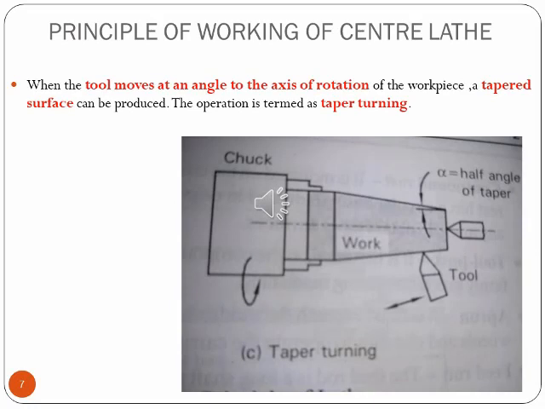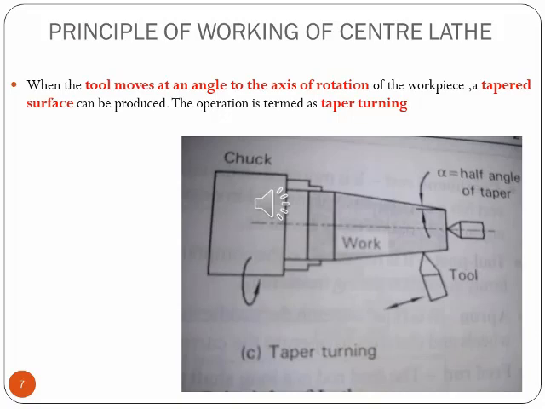Just like how in previous slides we saw tool piece moving parallel to the axis of rotation and perpendicular to the axis of rotation, we can also move the tool at an angle to the axis of rotation, and when we do that we get a tapered surface, and this tapered surface we call it as taper turning.